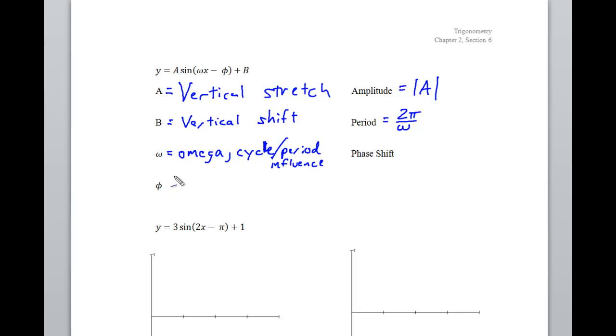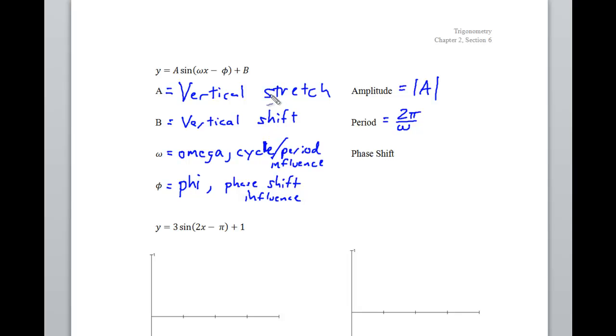And then this new Greek symbol is called phi, pronounced Fi but written as Phi, and this is going to influence the phase shift, which is more of a horizontal influence here.